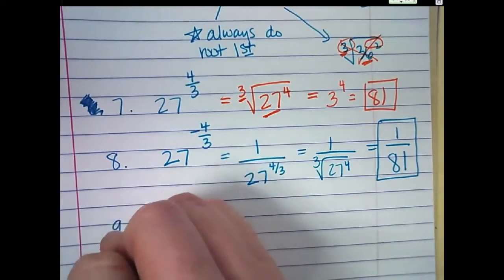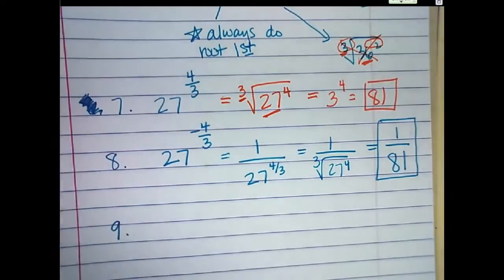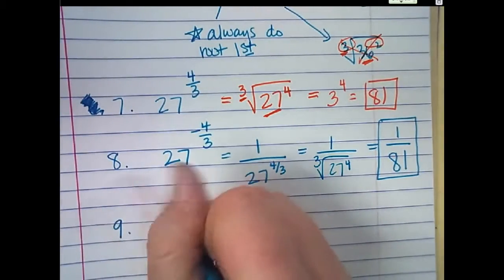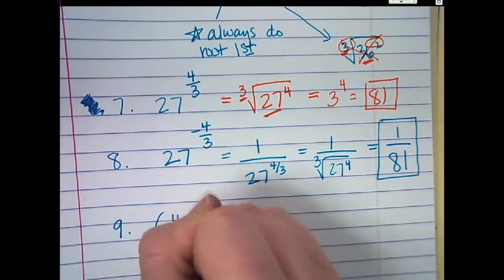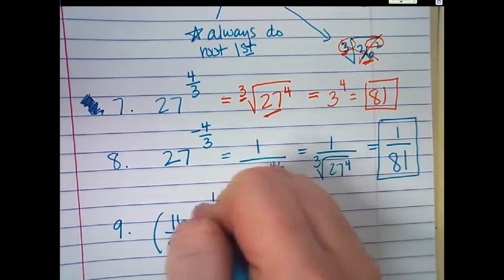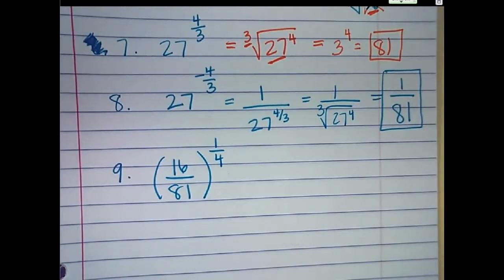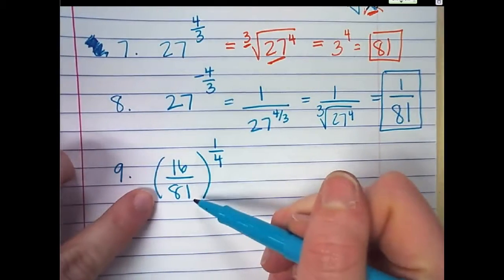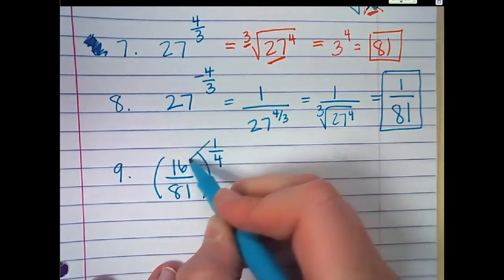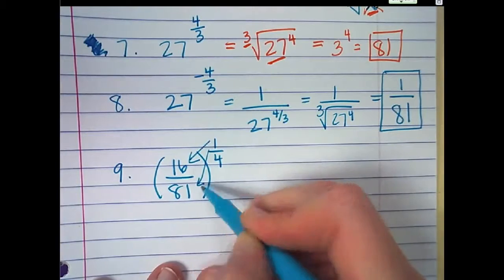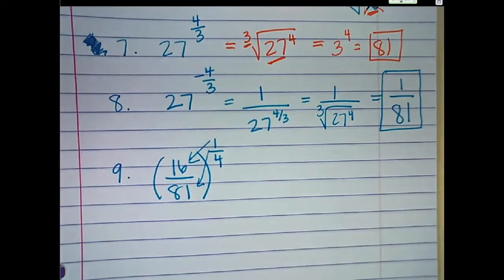Okay, number 9. 16 over 81 to the 1/4 power. So just because I have a fraction here, nothing changes. You're going to do the 1/4 to the 16 and also to the 81. So you do it to both. So rewrite the 16 with the 1/4 and the 81 with the 1/4.